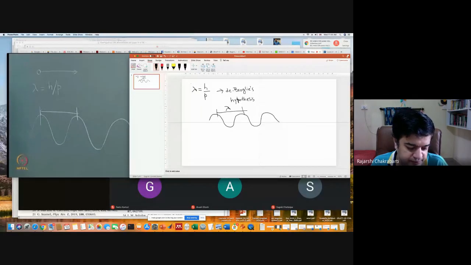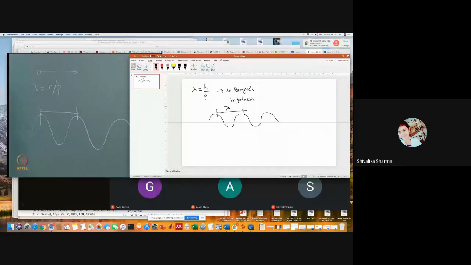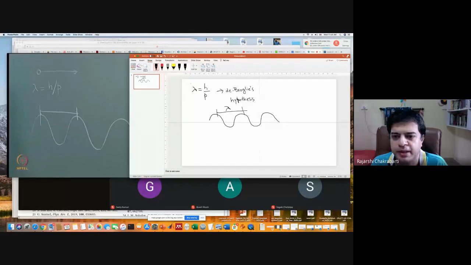Asha? Planck's constant divided by wavelength of light. That is your de Broglie's thing, without the hypothesis. Just go back to your classical physics and tell me what is the momentum associated with a wave of wavelength lambda.